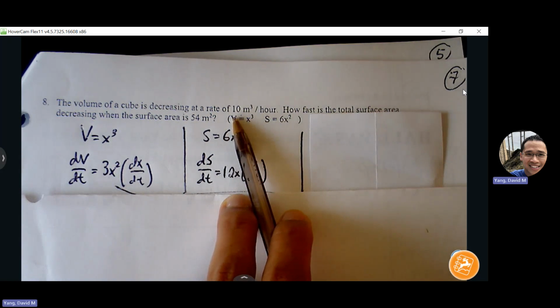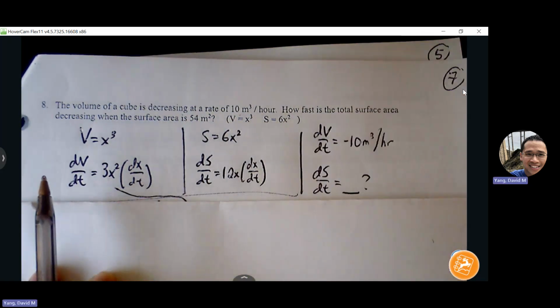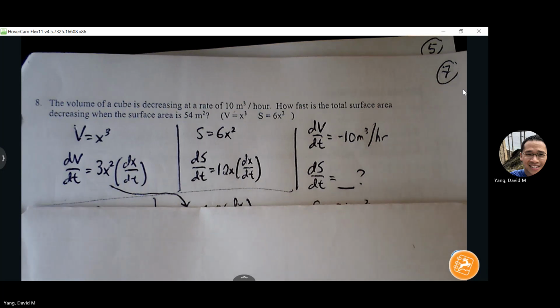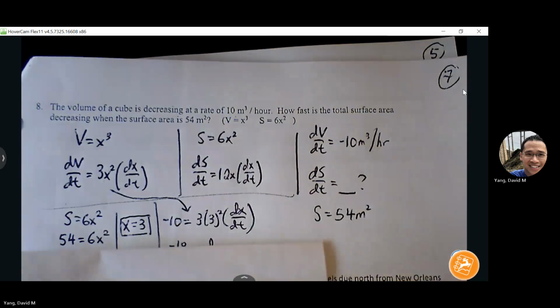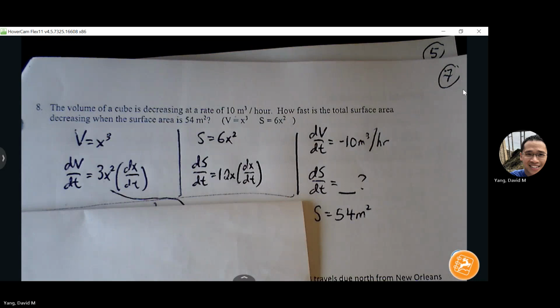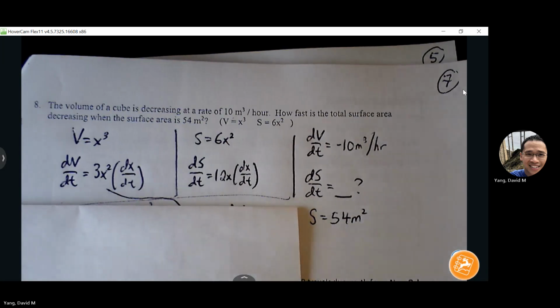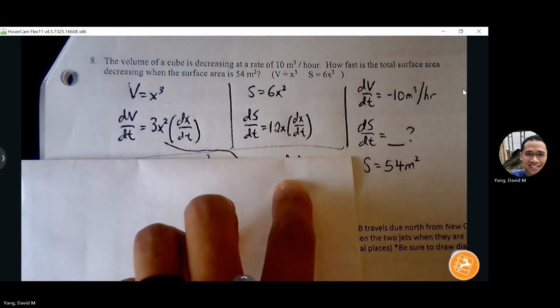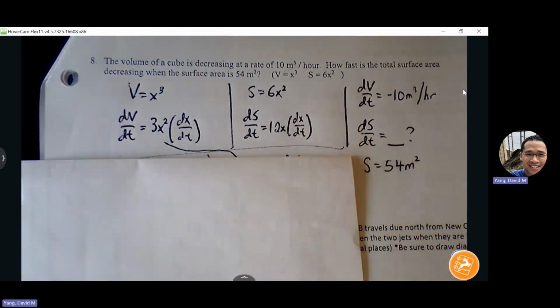dV/dt is -10. Trying to solve for ds/dt. Okay, I'm looking for ds/dt.